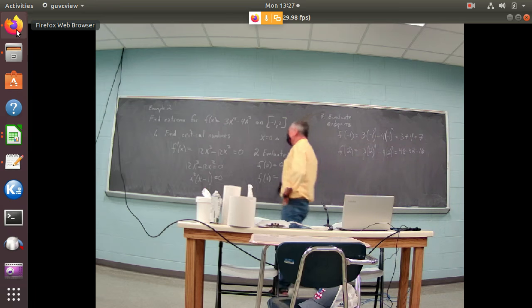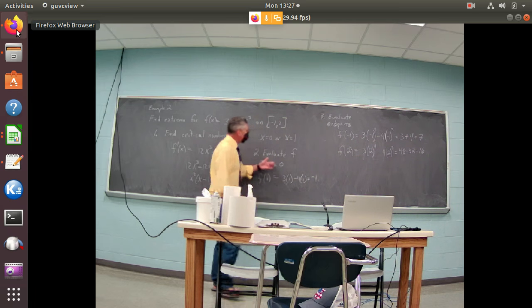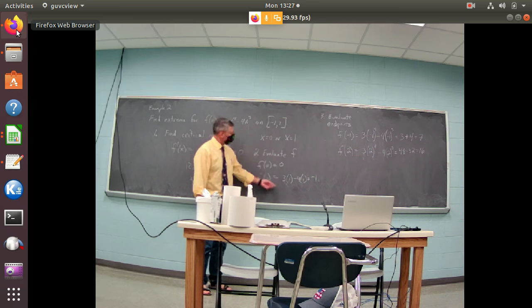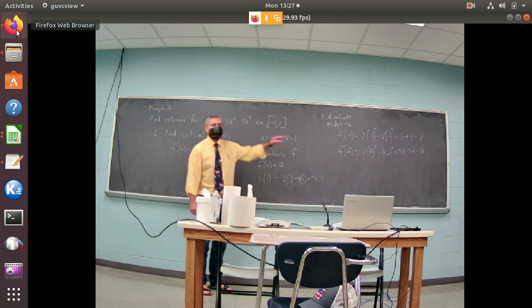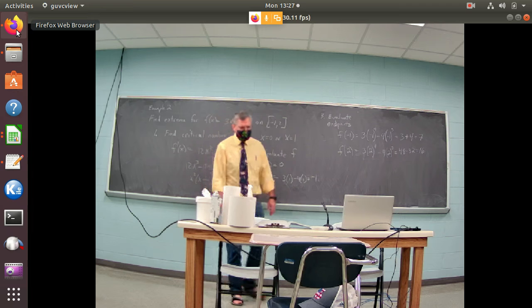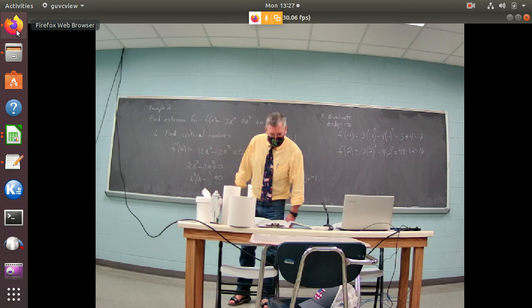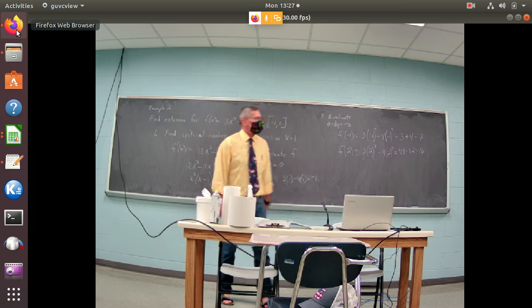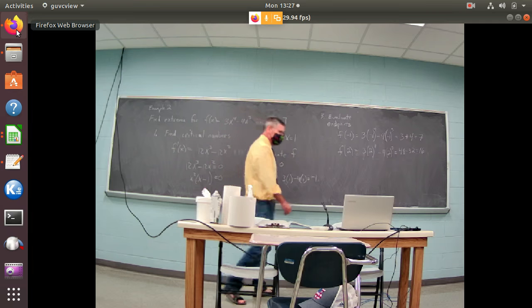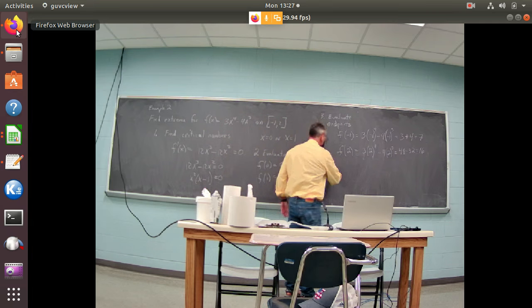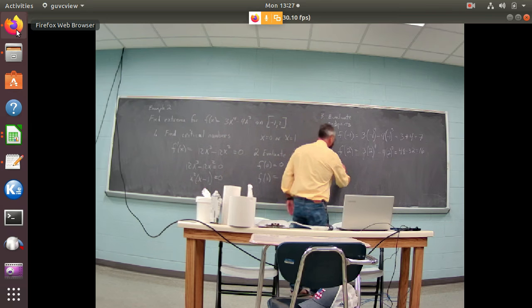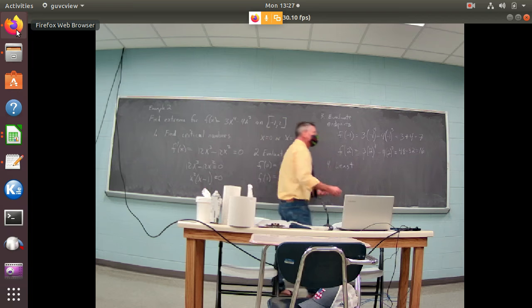Okay, so we found candidates inside the interval, and then we looked at the endpoints of the interval, and it says the least of these values is the minimum, the greatest the maximum. So that's their step 4. Okay, least. Now, the least of what value?